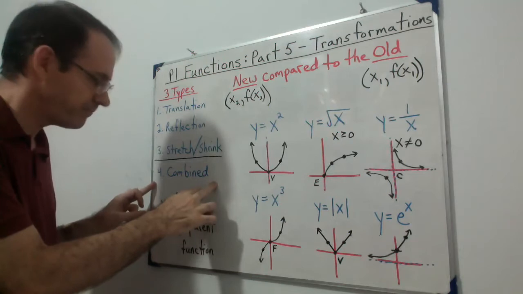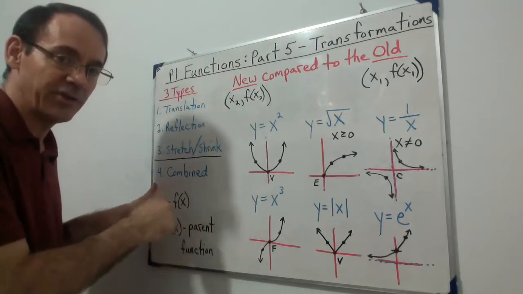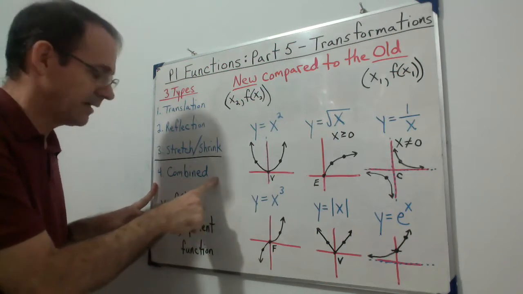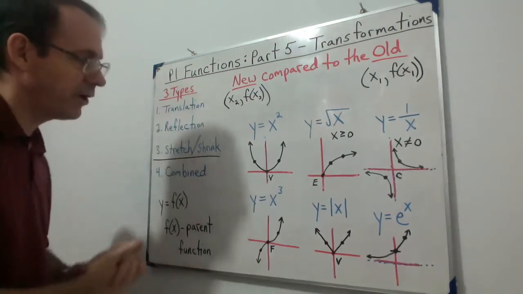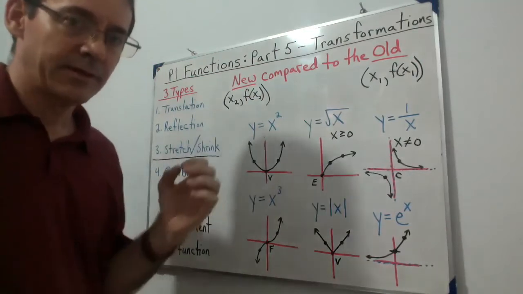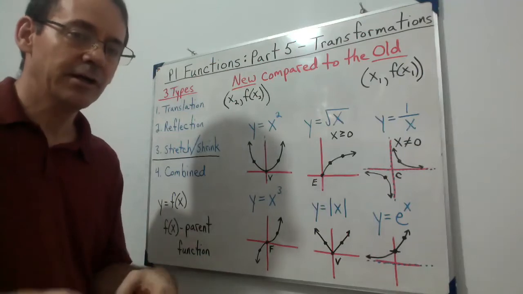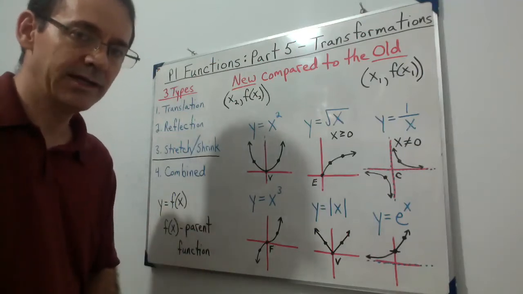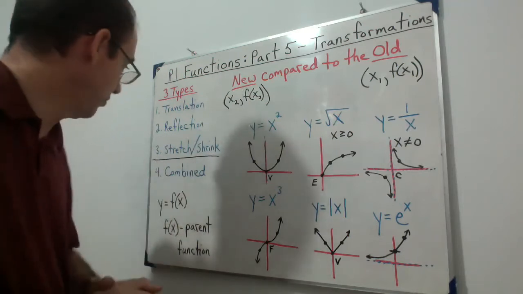There's a couple of other issues that we need to deal with when we start combining transformations. So I want to first of all go over these 3 types that you will need for the Cambridge Pure Maths 1 transformations of whatever function they give to you, okay?